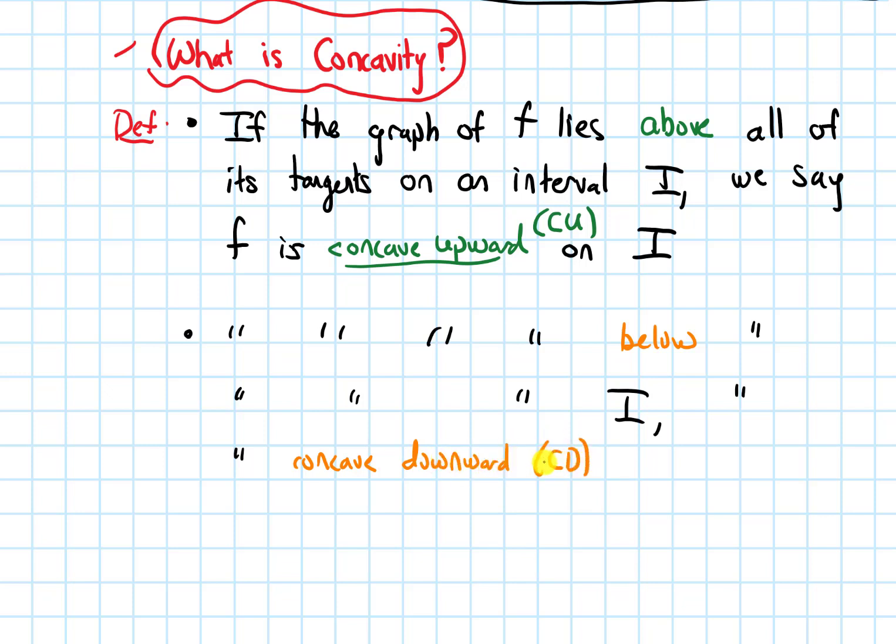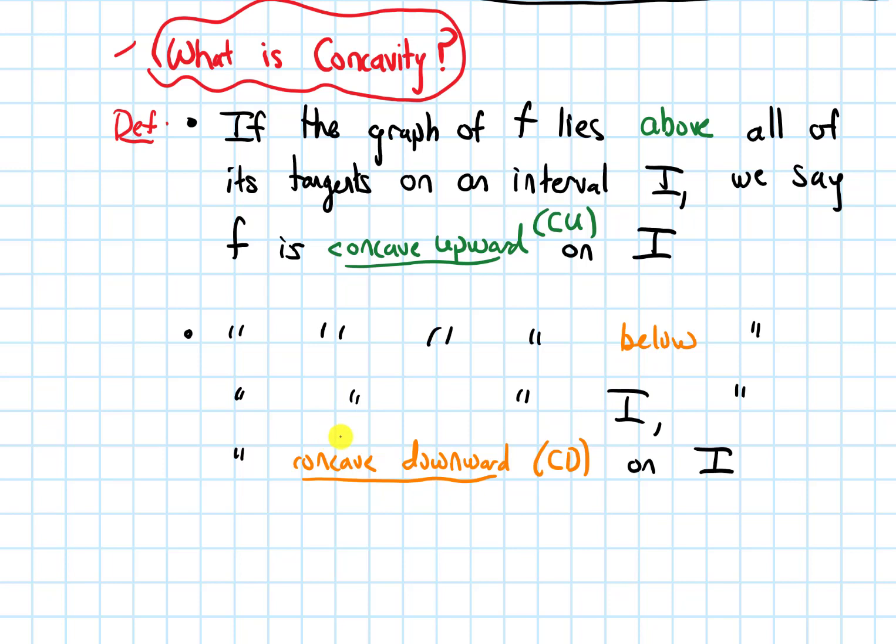Or I'll abbreviate that as CD for concave downward on our interval I. So one more time, the quotes just mean that I'm writing all the words the same, except for the words that I've actually written in, like below and I and concave downward, just to save some time.